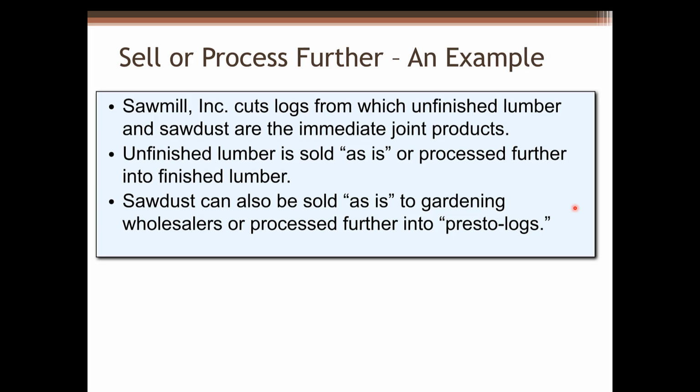Let's take a look at an example. Sawmill Incorporated cuts logs from which unfinished lumber and sawdust are the immediate joint products. Unfinished lumber is sold as is or processed further into finished lumber. Sawdust can also be sold as is to gardening wholesalers or processed further into pressed logs.